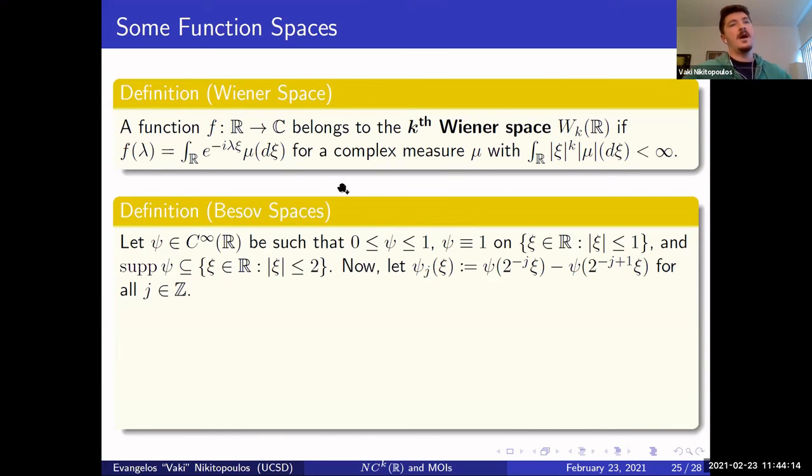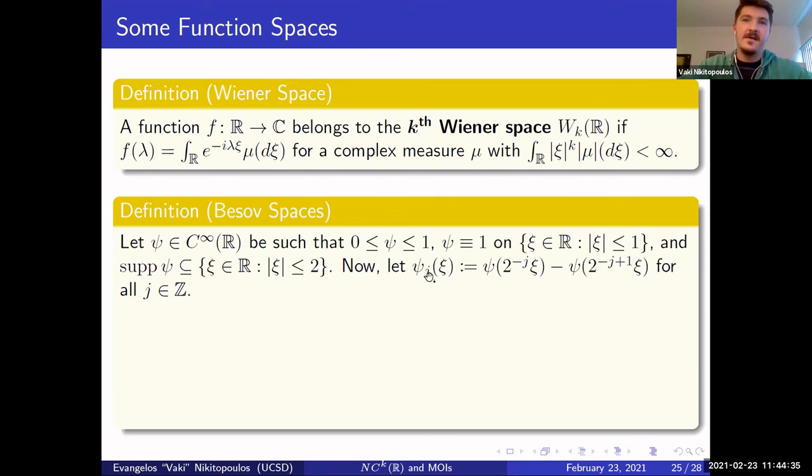And then second, I will define Besov spaces for you. This takes a little bit of harmonic analysis to appreciate, so you can ignore it if you're not familiar. I'm going to fix a bump function, C, a smooth function between 0 and 1 that is identically equal to 1 on the interval from -1 to 1, and that is supported in the interval from -2 to 2.